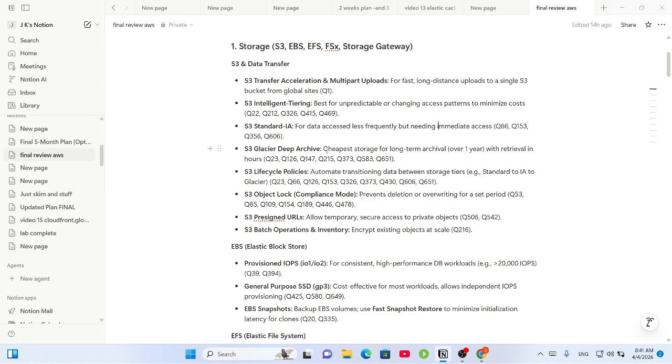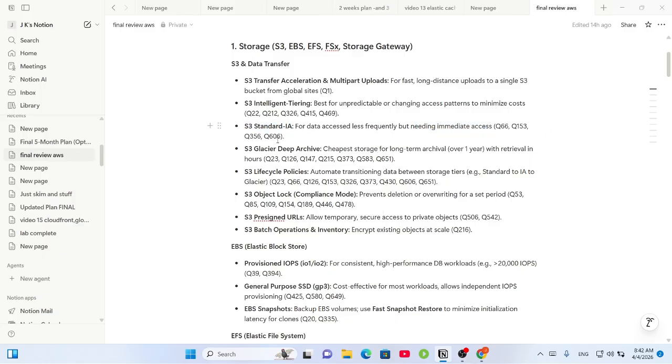S3 Glacier Deep Archive is the cheapest storage, for long-term archival over 1 year, with retrieval in hours. That's the difference between infrequent access and Glacier. Glacier is cheap, yes, but it takes hours to retrieve, while with infrequent access you receive it immediately. That's why you keep it in infrequent access.